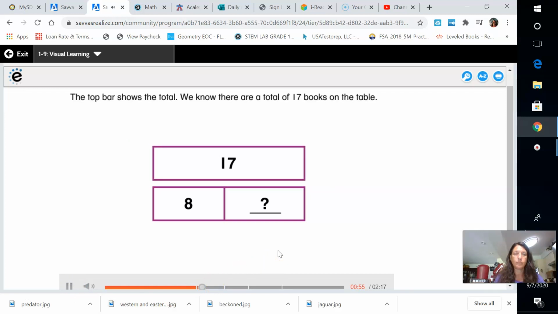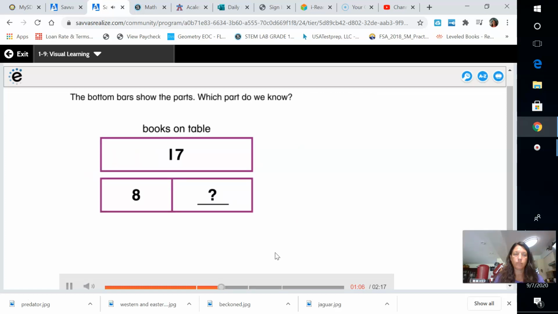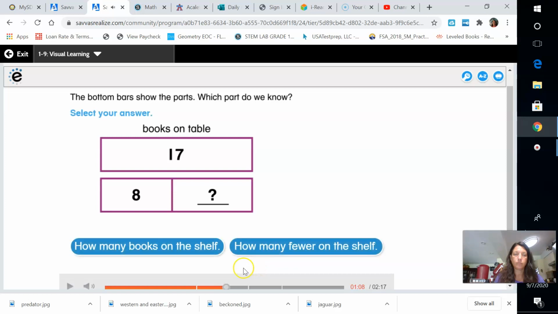The top bar shows the total. We know there are a total of 17 books on the table. The bottom bars show the parts. Which part do we know? Select your answer.